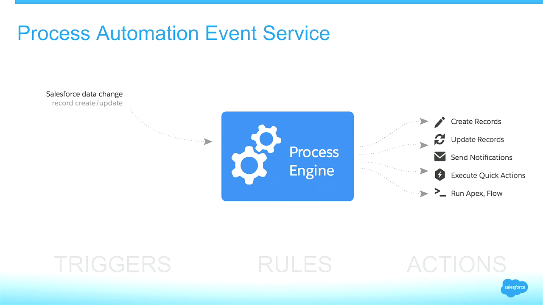Okay, I want to talk a little bit about this event service I mentioned earlier. So right now, you need a data change to kick off any sort of process that will trigger actions.